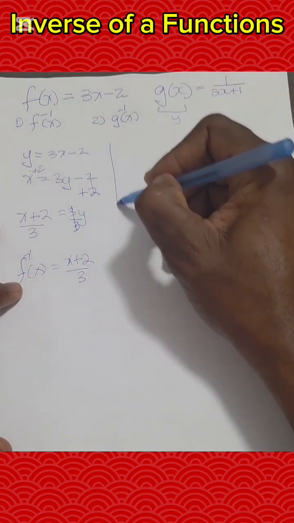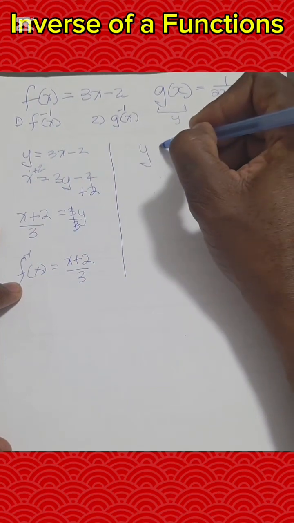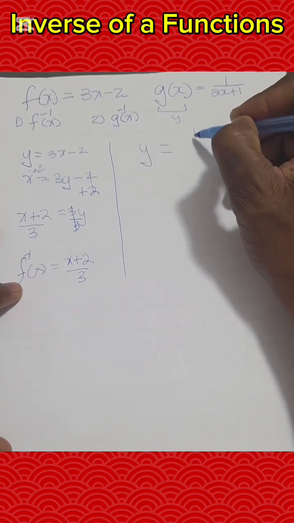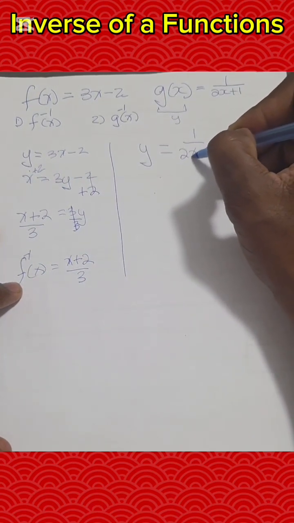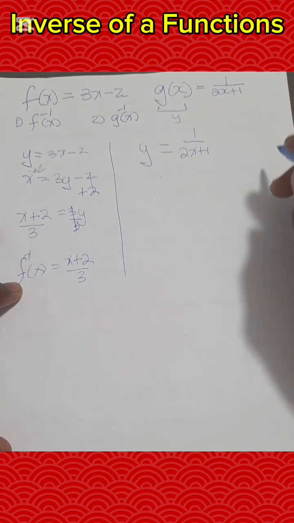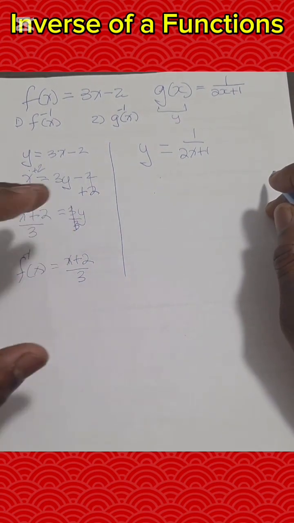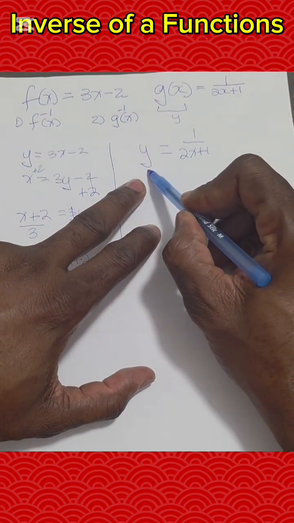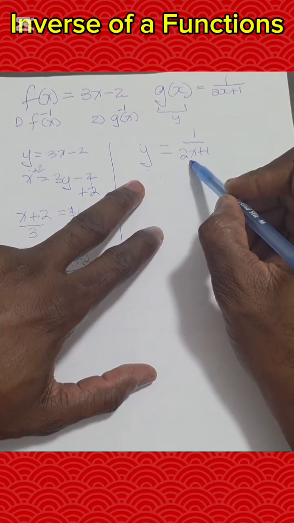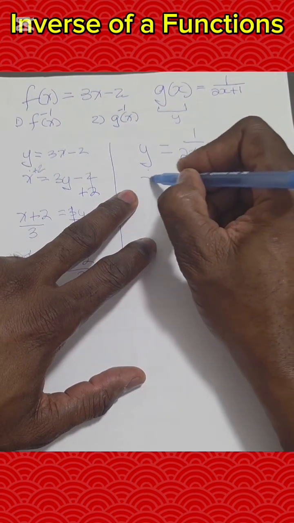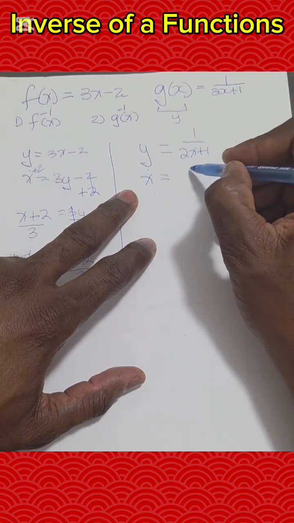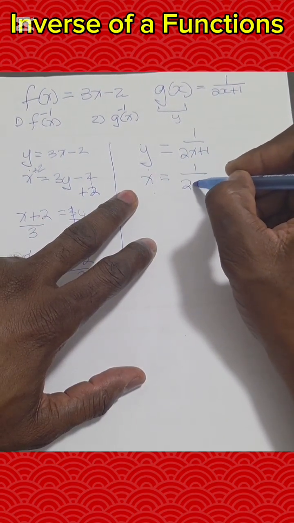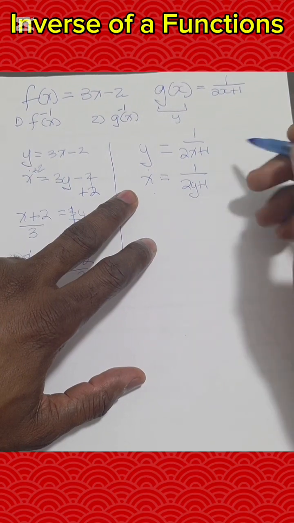So I'm going to have y is equal to 1 over 2x plus 1. The principle remains the same because we're doing an inverse function. Wherever y is, we're going to put x, and wherever x is, we're going to put y. So we're going to switch these out. So we're going to have x, which is equal to 1 divided by 2y plus 1.